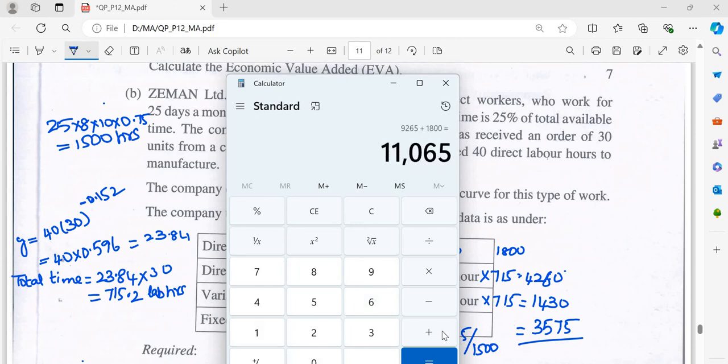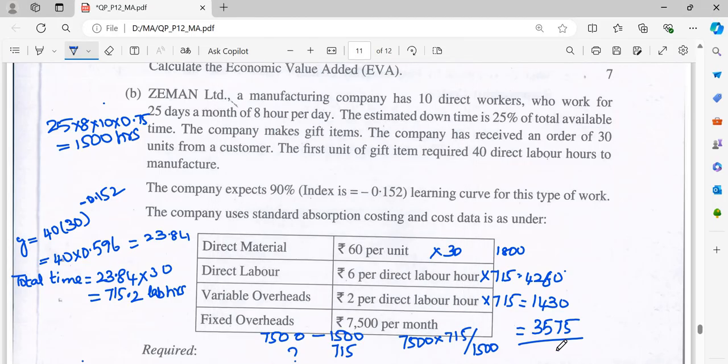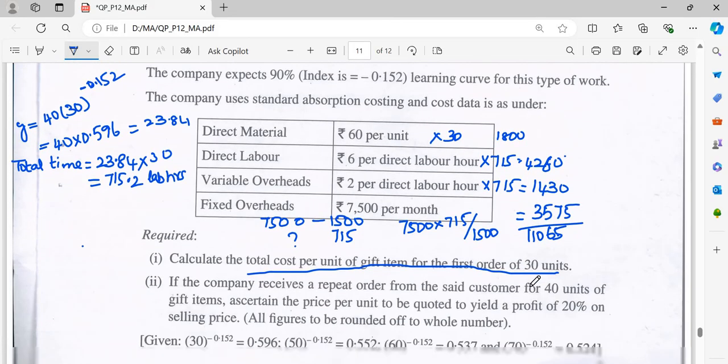So 11,065. So that is my total cost here.